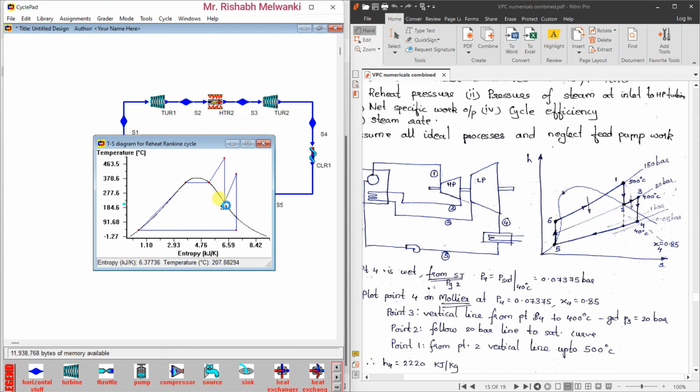So this is point 1. 1 to 2 is what? 1 to 2 is isentropic expansion in the HP turbine. 2 to 3 is constant pressure heat addition in the reheater. 3 to 4 is isentropic expansion in the LP turbine. 4 to 5 is constant pressure heat rejection in the condenser, and 5 to 6 there is isentropic pumping action. So with this we have completed the problem on the reheat Rankine cycle using Cyclepad software.